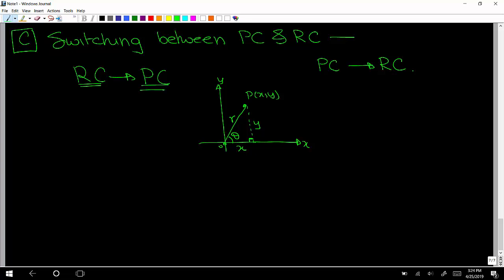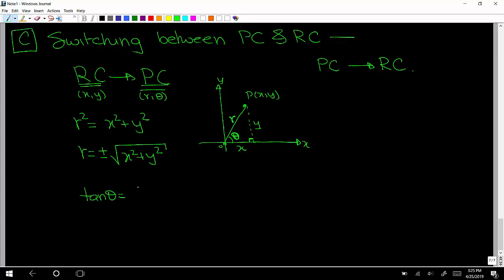So if I'm going to change it to polar coordinates, I need to find R and I need to find theta given X and Y, because you're given something in rectangular coordinates and you want to switch it to polar. If you look at that triangle using the Pythagorean theorem, we get what? R squared is equal to X squared plus Y squared. So we get R is equal to plus or minus square root of X squared plus Y squared. Remember, R can be negative, that's why we have plus or minus there. Now to find the angle, we use trig. We know that tangent theta is equal to y over x.